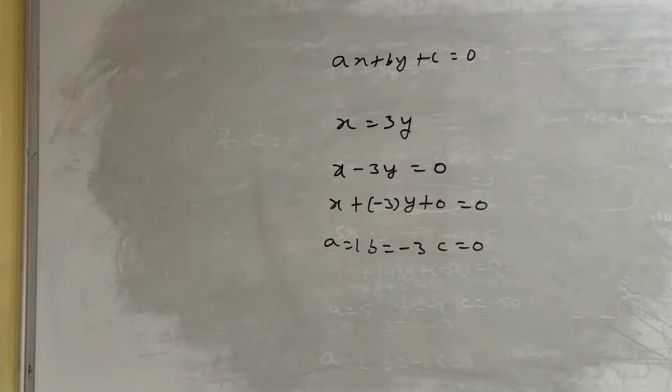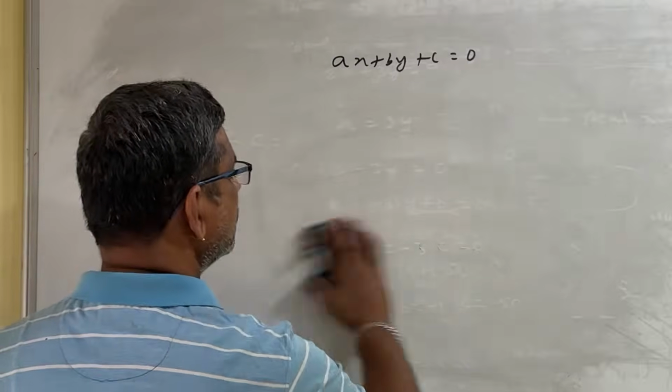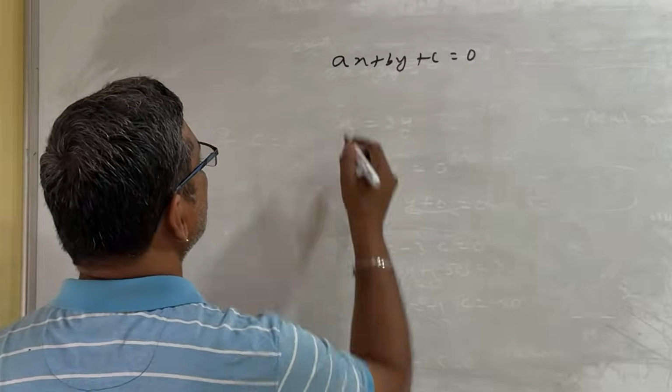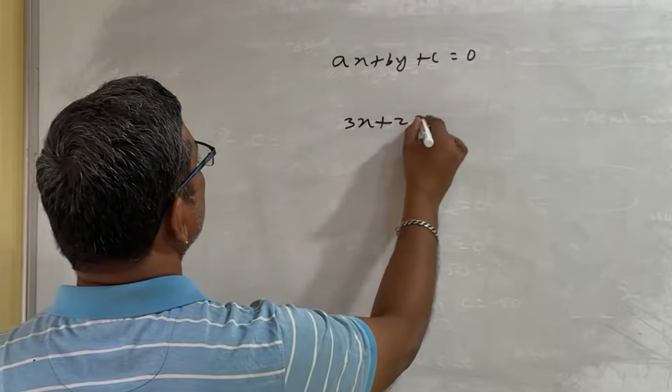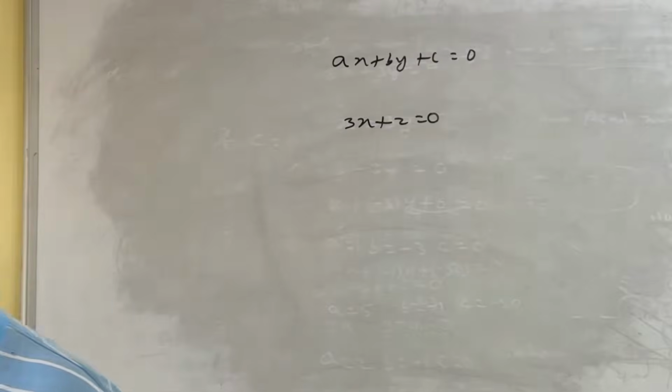Next one. 3x plus 2 is equal to 0. You are not writing the general form, just writing ABC values. What is the general form of it? 3x plus 2 is equal to 0.